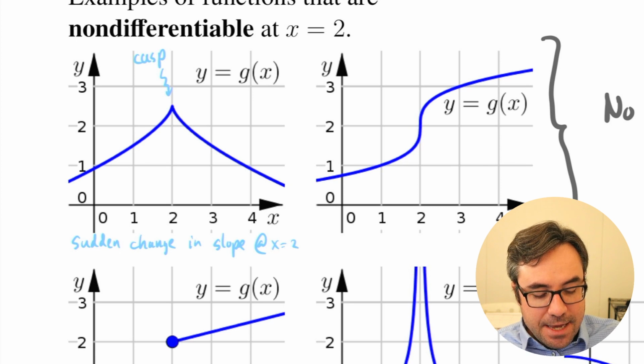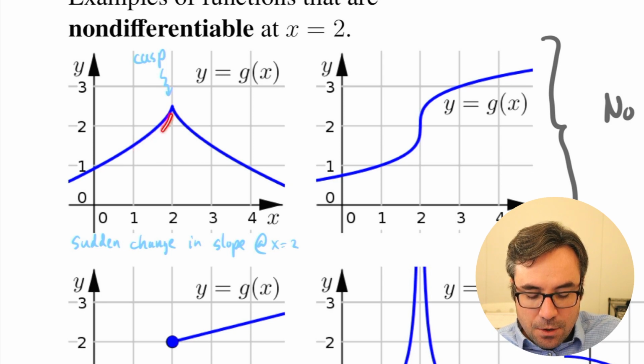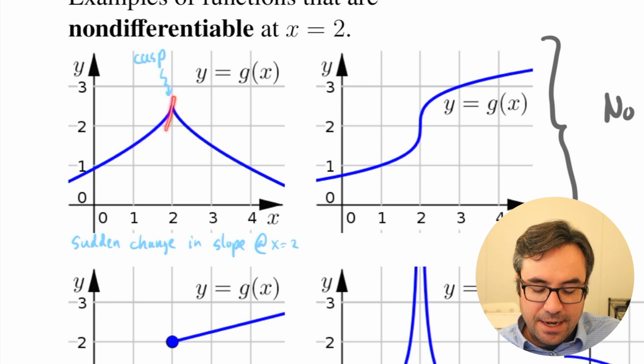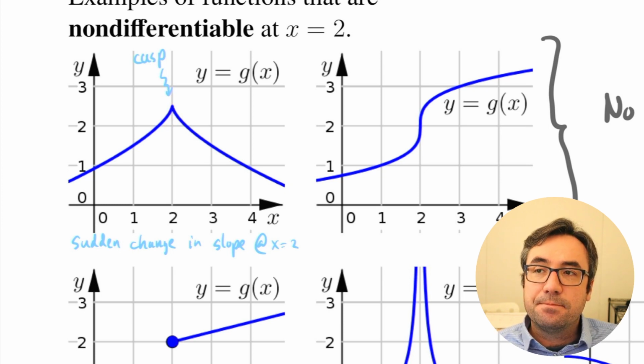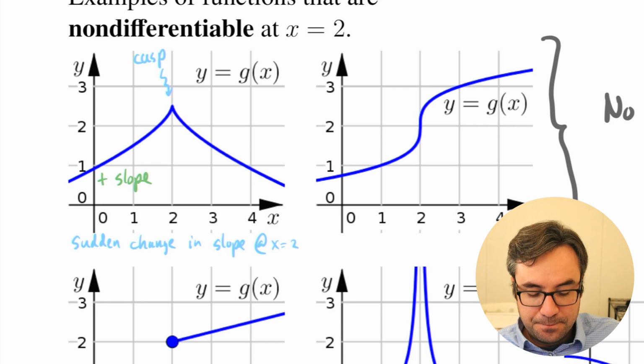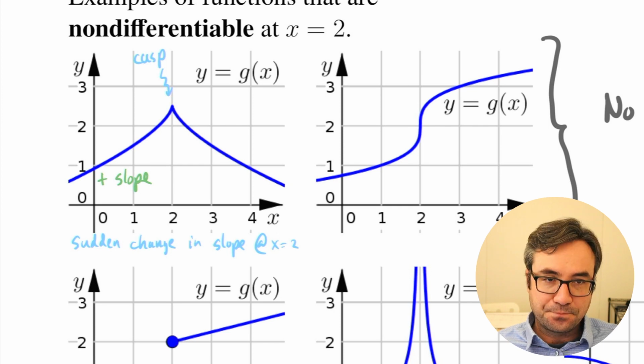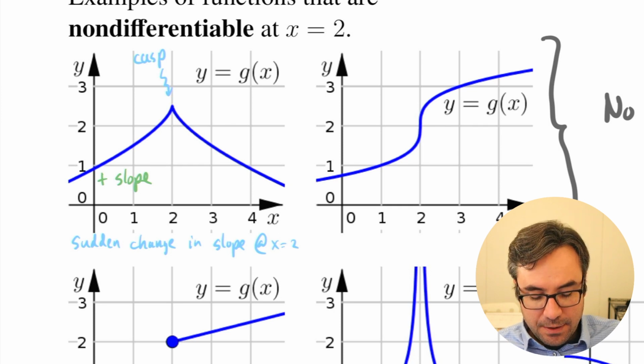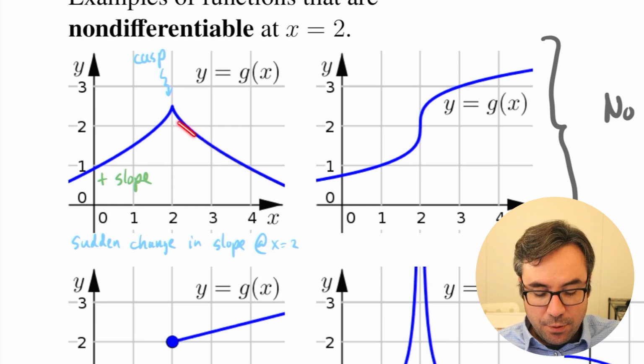So if we look a little bit to the right, or a little bit to the left, let's start with the left side, and think about the slope. Imagine drawing in tangent lines. Once we get really close to 2, the tangent lines are all going to be pretty steep, but they're going to be positive. So we're going to have some positive slopes on this side, getting more and more positive as we get close to 2. Now, if we go on the other side of 2, drawing tangent lines, each of these little tangent lines are going to be pointing down.